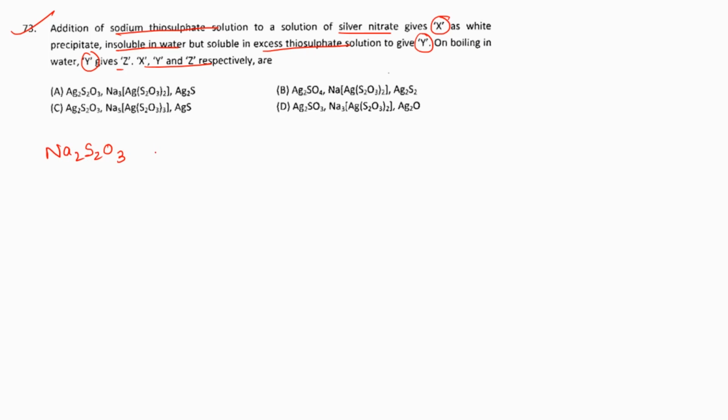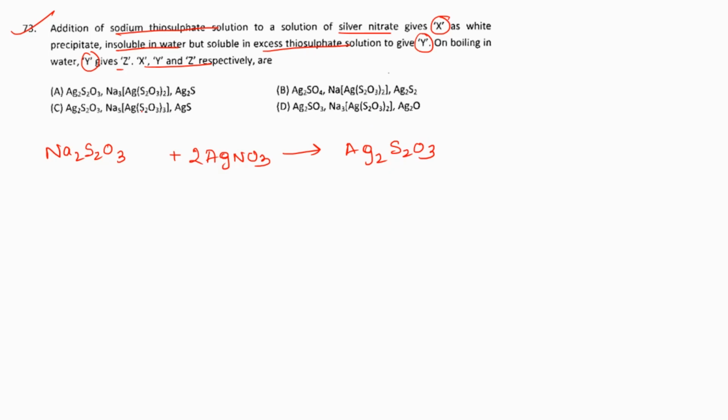Na2S2O3, that is sodium thiosulfate, when it is added to the solution of silver nitrate, AgNO3, gives me X, which is Ag2S2O3. This is a white precipitate and it is insoluble in water.